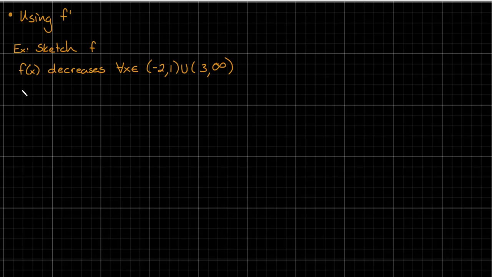Okay? More than that, we'll say f of x has roots at x equals -2 and 3. And I know that f of x, this last little part, is increasing.